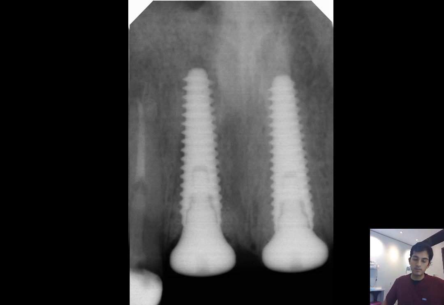They have a good emergence profile to them. They're not just cylindrical like some other implants I've used in the past. So you still get a decent emergence profile out of them, yet when compared to a custom healing abutment or even a chairside provisional, it's very quick and easy to use. It keeps your surgery quick. It takes you seconds to put a healing abutment onto that implant once you're finished with the grafting.